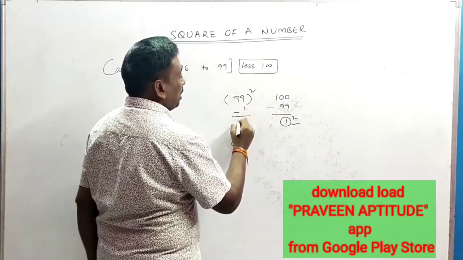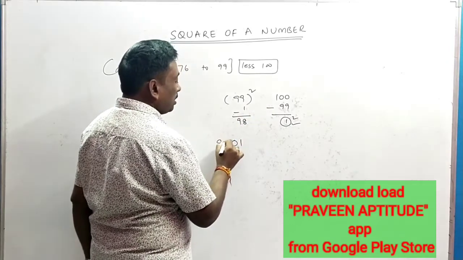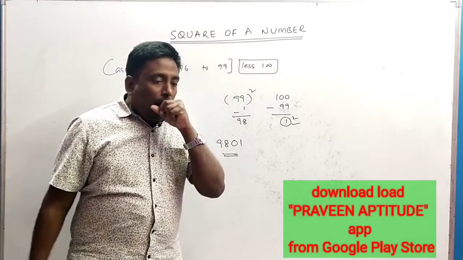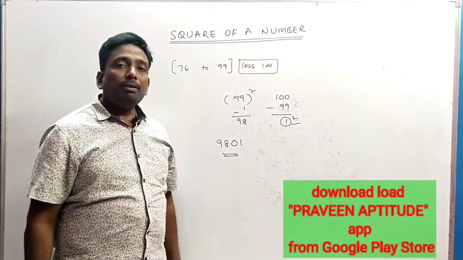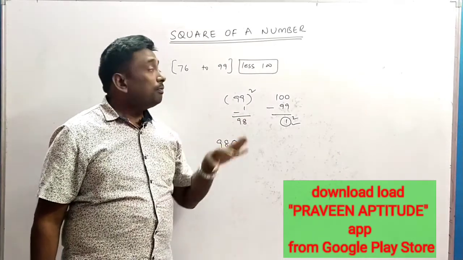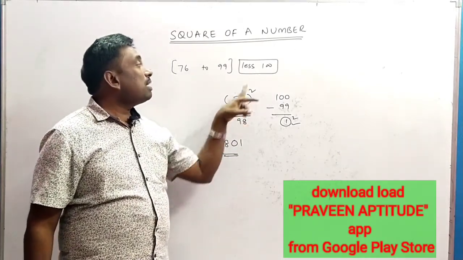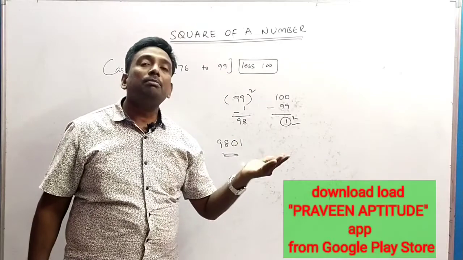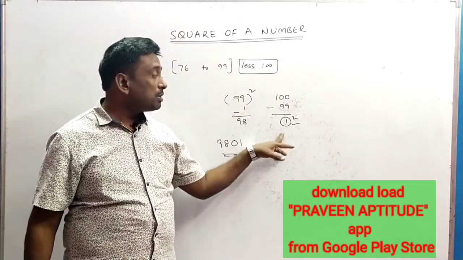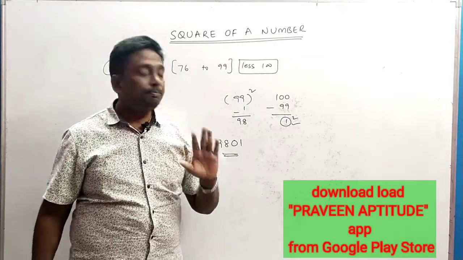Subtract from 99, that is 98, right here. Why are we subtracting from 99? Because this is less than 100. If it is more than 100, that difference must be added to the given number.